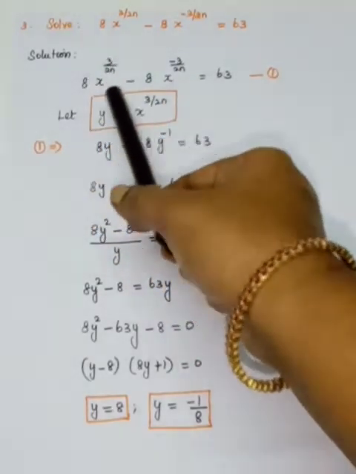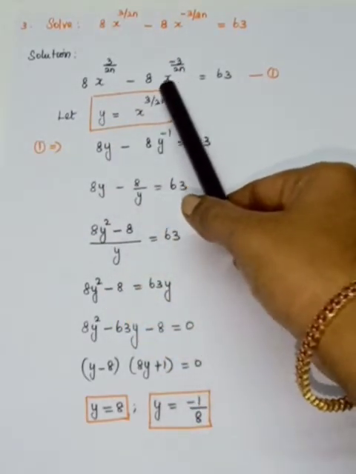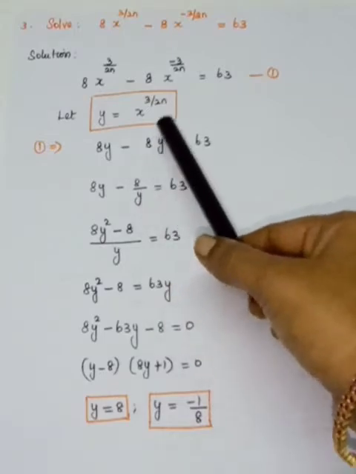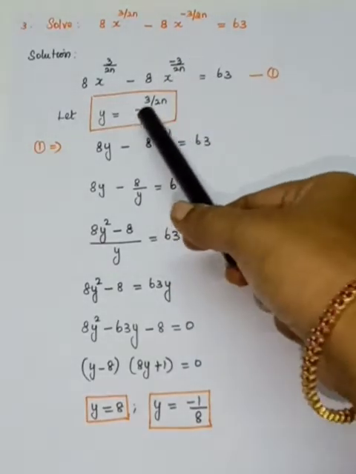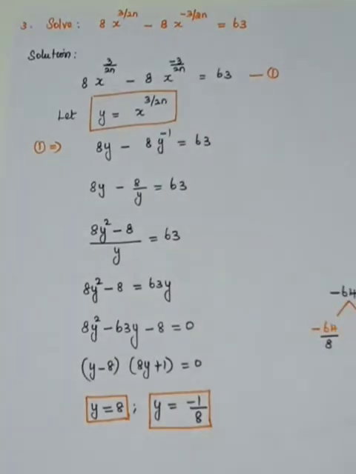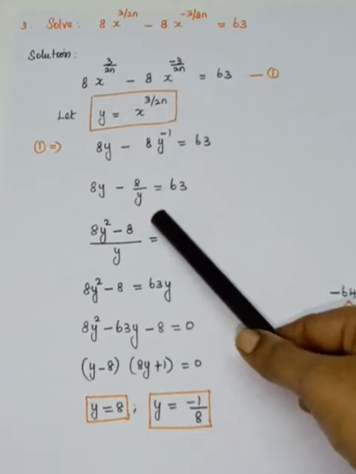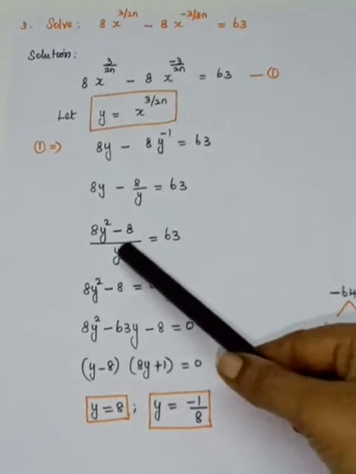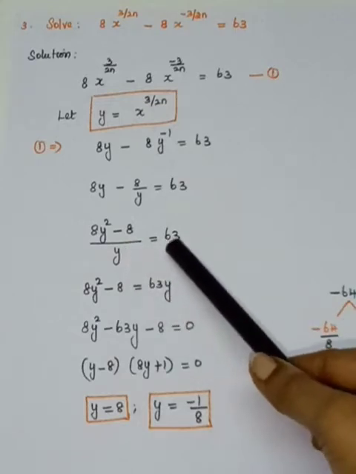So the first term will become 8y. And the second term, minus 8 into x to the power minus 3 by 2n, can be written as y power minus 1. So y power minus 1 is nothing but 1 by y. So you have to take LCM. So it is 8y squared minus 8 divided by y is equal to 63.